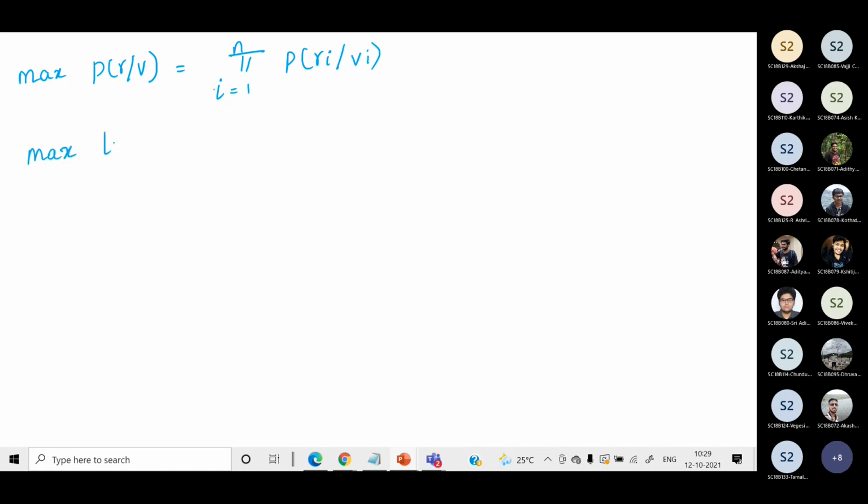Maximizing this is the same as maximizing P of R given V. In this case, the product will become a summation, i equal to 1 to n of log of P of Ri given Vi. So this is the quantity I want to maximize. Is it clear?